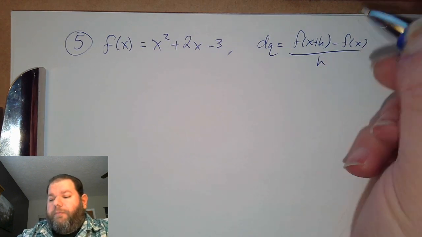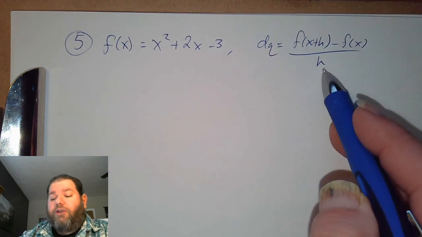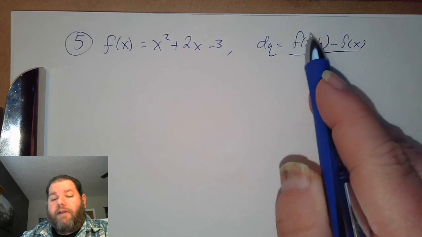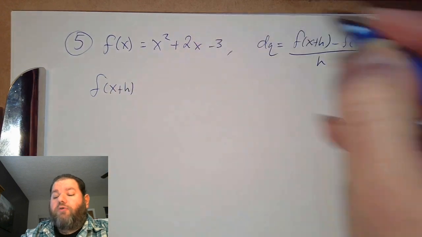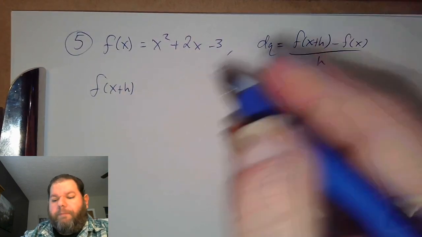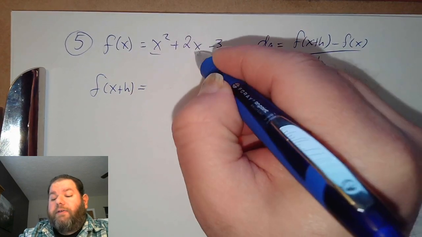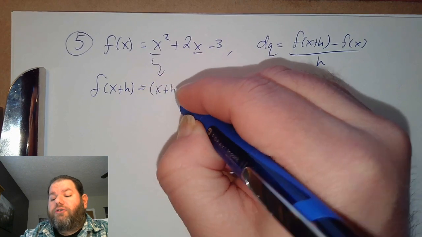Alright, now f of x is just going to be plugged in right here for f of x. h is just h, so really the only thing we need to find is f of x plus h. And then we'll build this thing up. That means everywhere that we have x, we're going to replace it with x plus h.